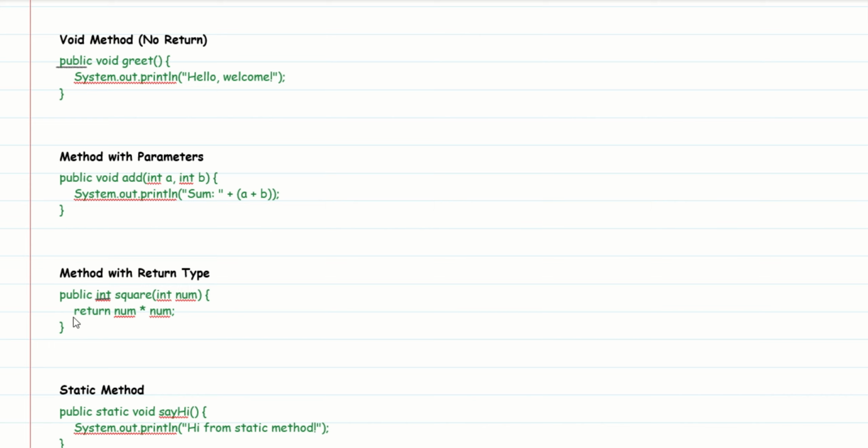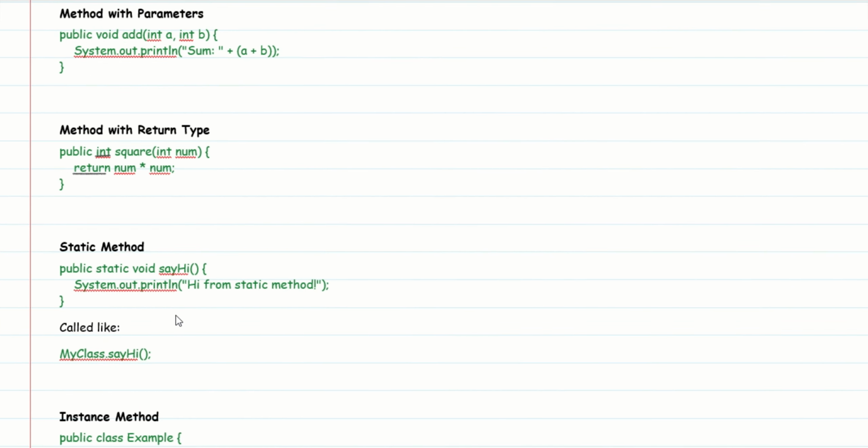So we have a return keyword which returns the multiplication of the number. The main intention of this method is to get the square of the passed integer. So if you pass 2, it will give you the square of 2, that is 4.